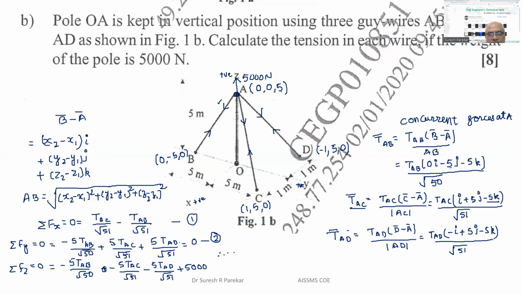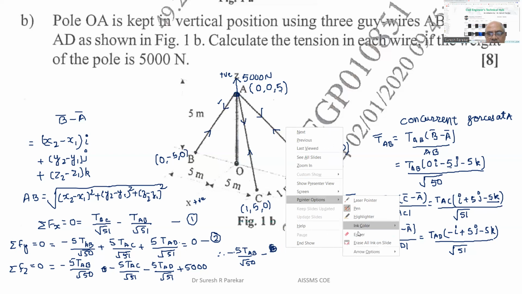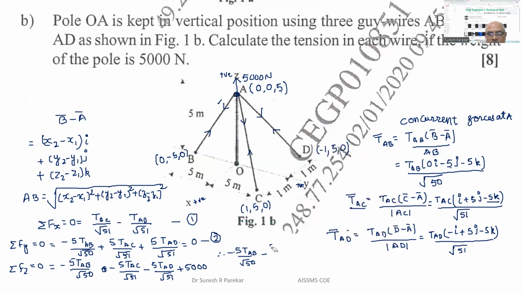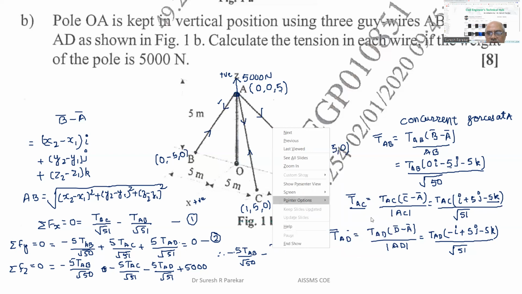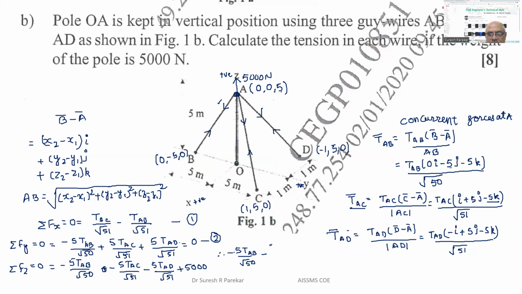Therefore we have third equation: minus 5 TAB upon root 50, minus 5 TAC upon root 51, minus 5 TAD upon root 51. Just a minute, I will rub this so we have more space.